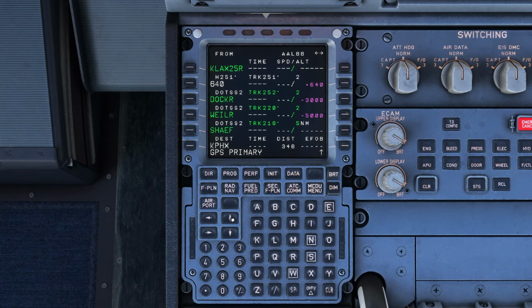And if we go back to NAVIGRAPH, you'll see all of these little waypoints. So this is why a departure is important, because it's a predetermined set of waypoints that the flight computer is going to provide to you and have the plane follow, or at least give you a reference point of following.